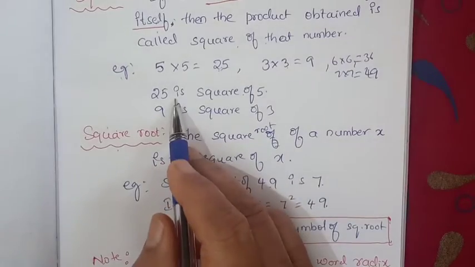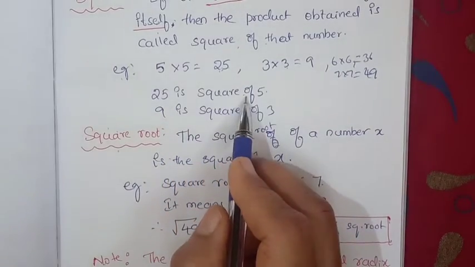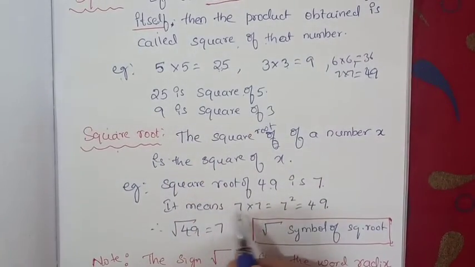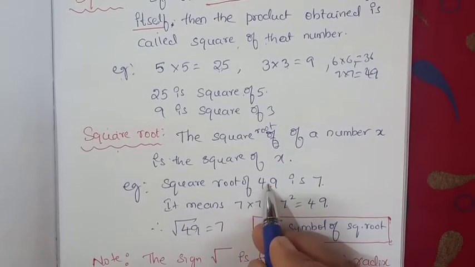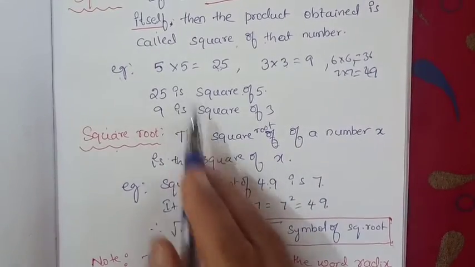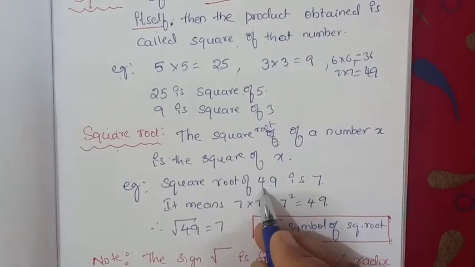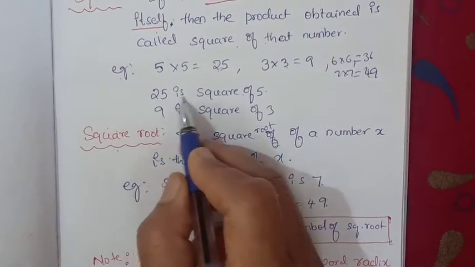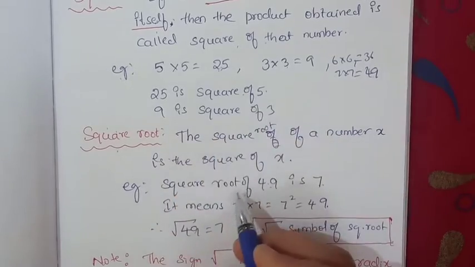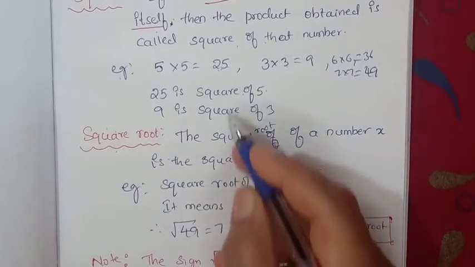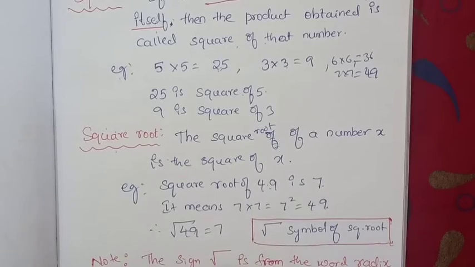What I said here is 25 is the square of 5, and here the square root of 49 is 7. There is a difference between these two statements. If you can understand this difference, you can solve the problems in this chapter easily.